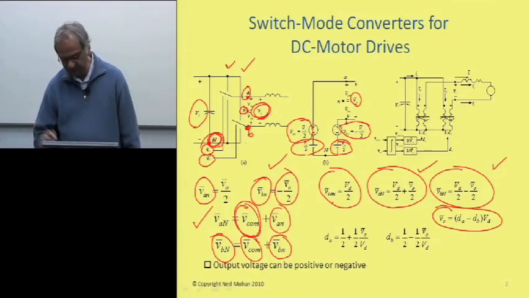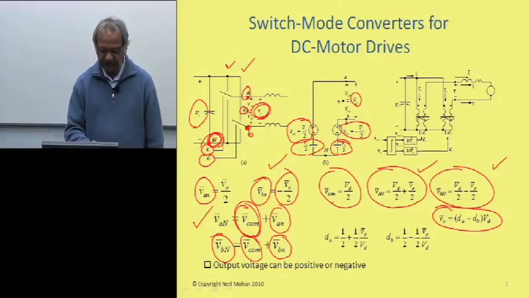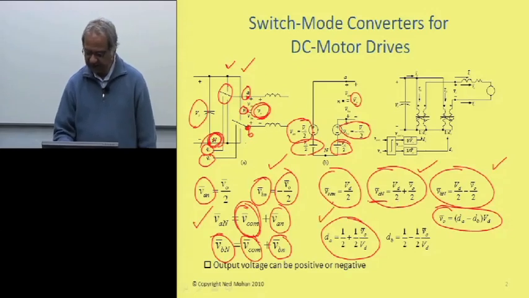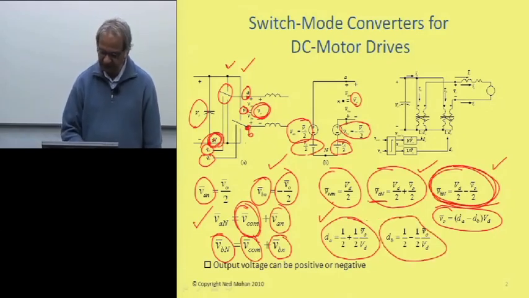Well, first let me define what dA and dB are. dA, which is the duty ratio of this switch, would be given by this. You just take this and divide both sides by VD, and you get this. You take this and divide it by the input DC bus voltage VD, and we get the duty ratio for this switch.